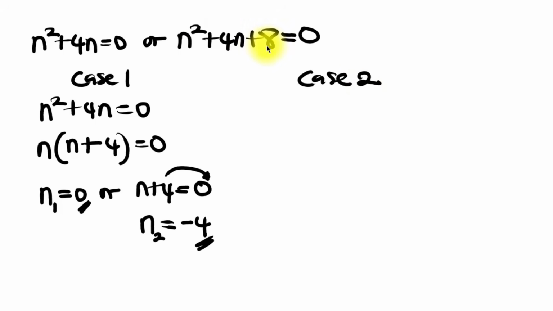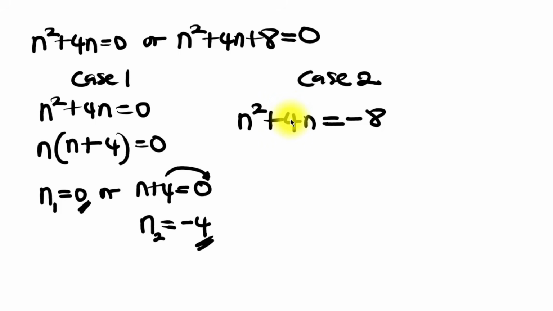For case 2, we have a nice quadratic equation. And I'm going to be using the completing the square method to solve this. And in order to do that, I have to move this constant term to the right hand side so that I have n squared plus 4n equal to, as 8 crosses to the right, it becomes negative 8. Now I'll take the coefficient of n, that is 4.